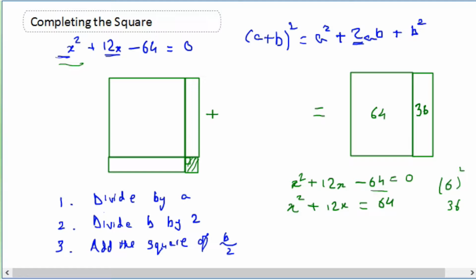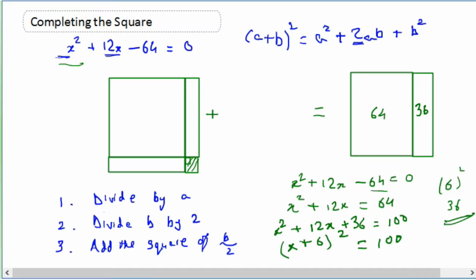Since we have seen that the square of 6 is 36, we are going to add 36 to both sides of the equation. So we get x squared plus 12x plus 36 is equal to 64 plus 36, which gives us 100. And since x squared plus 12x plus 36 is nothing but the square of x plus 6, we have x plus 6 whole square is equal to 100.